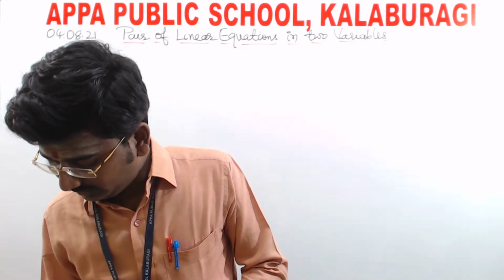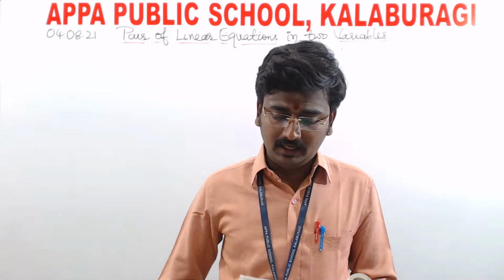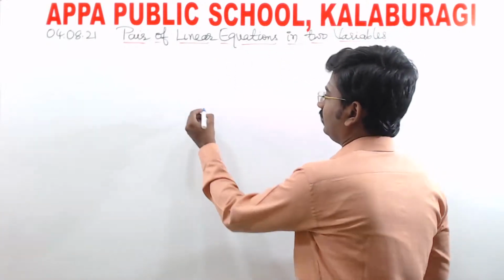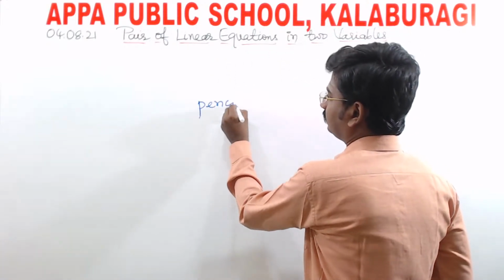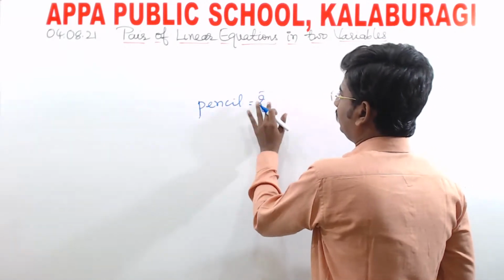Right, so I think the last problem which we discussed yesterday was: 5 pencils and 7 pens together cost 50, and another 7 pencils and 5 pens together cost 46. Find the cost of one pencil and that of one pen. I think the answer will be, pencil will be rupees 3, I guess, because we have taken rupees x.